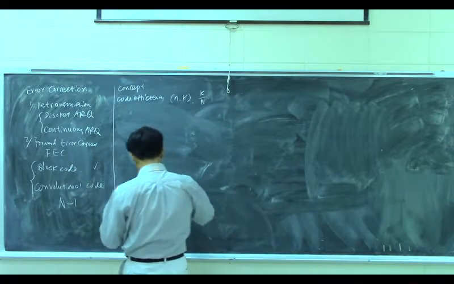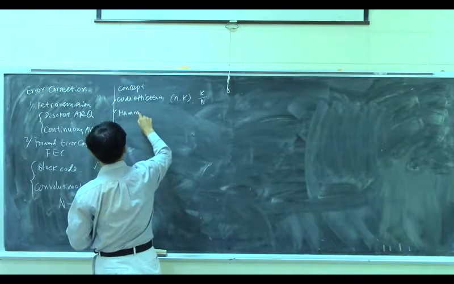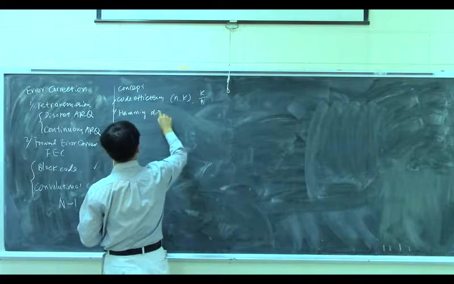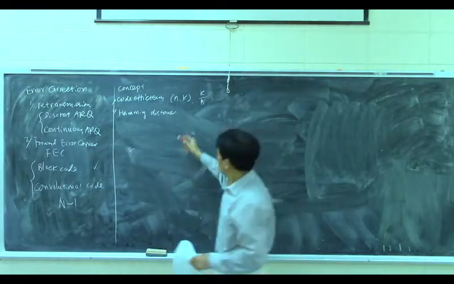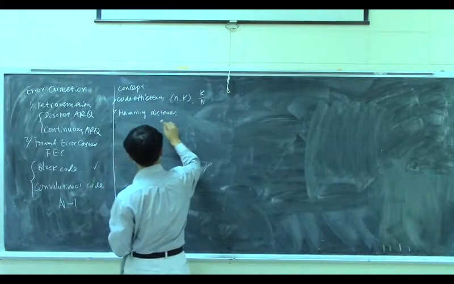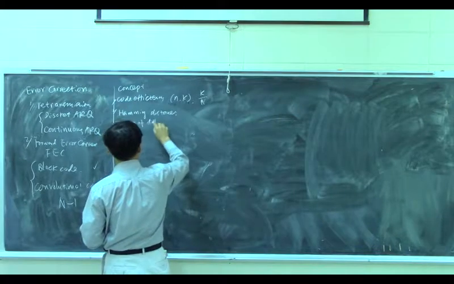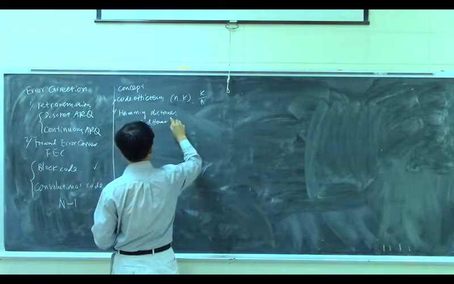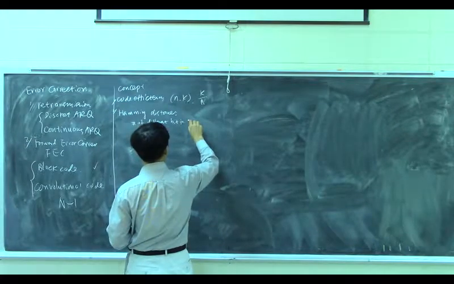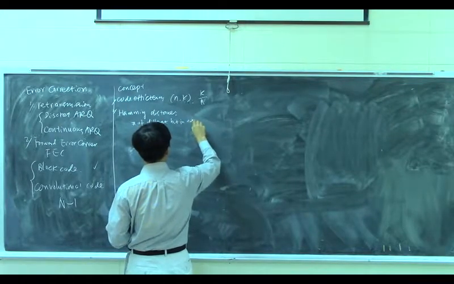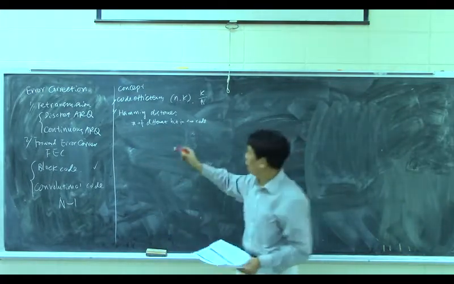The next one is called the Hamming distance. Last time we briefly mentioned this. The Hamming distance is the number of different bits between two codes.